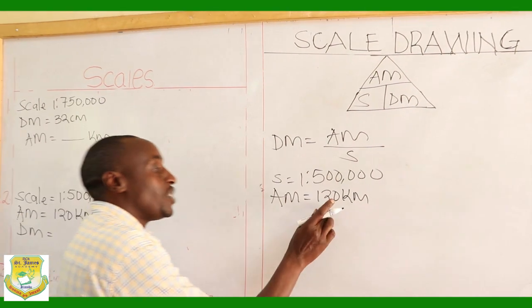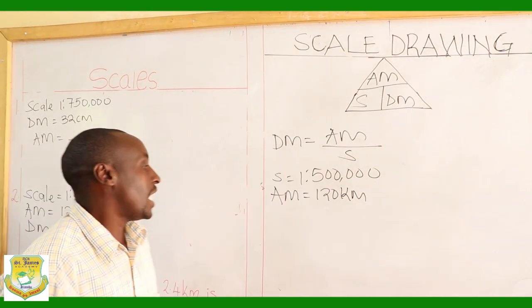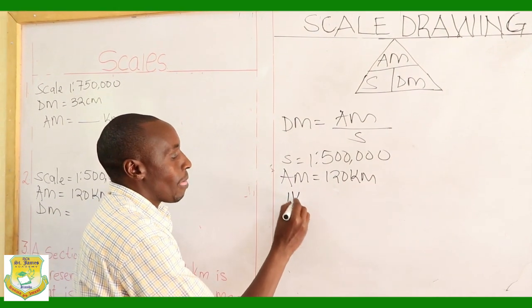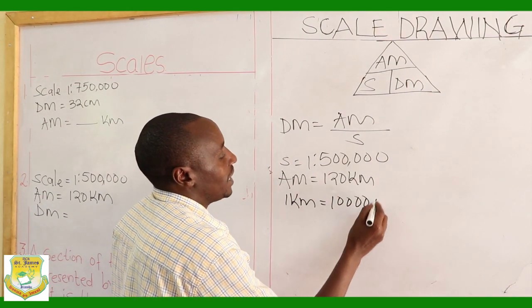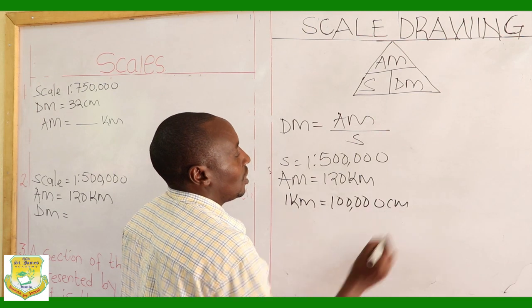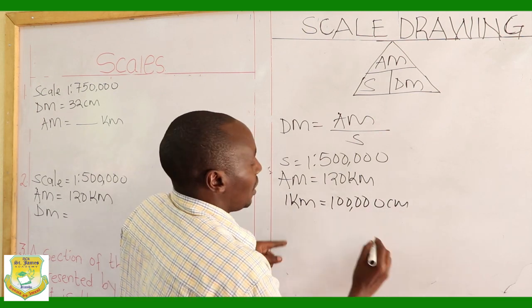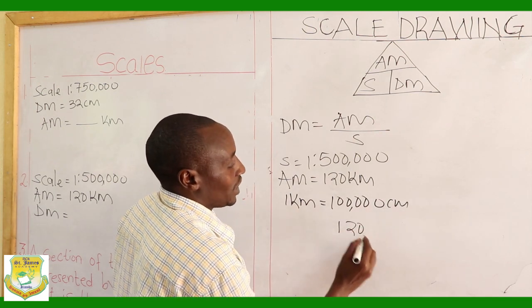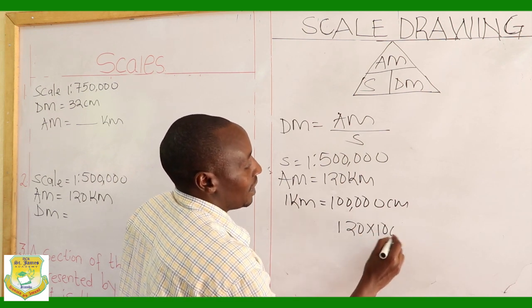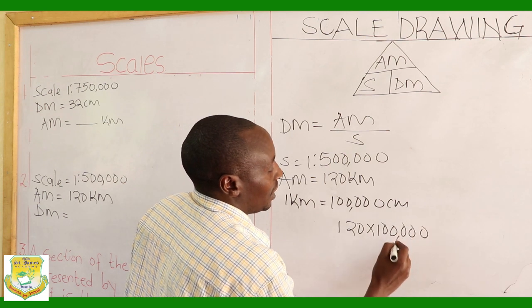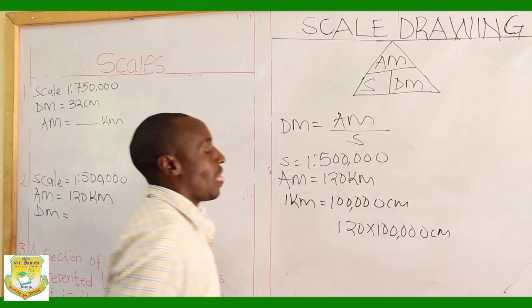That is 120 kilometers into centimeters. We know 1 kilometer is equal to 100,000 centimeters. So we take 120 and multiply by 100,000, which will be in centimeters.